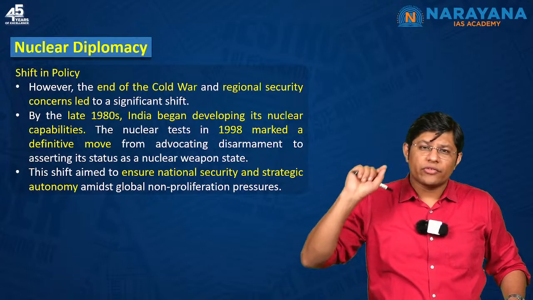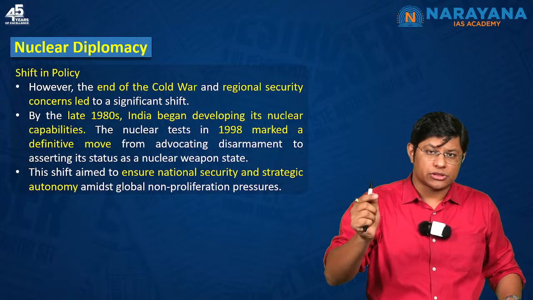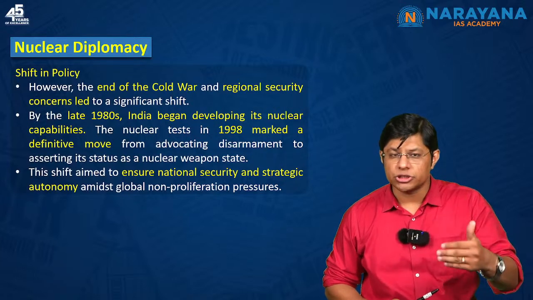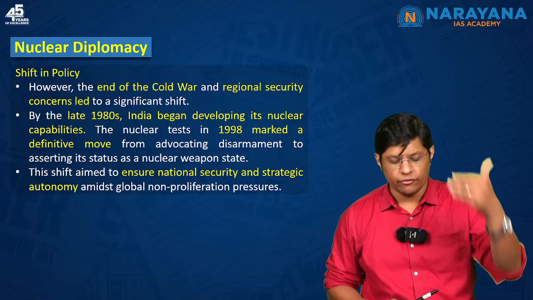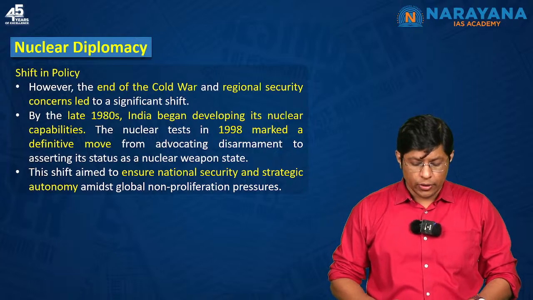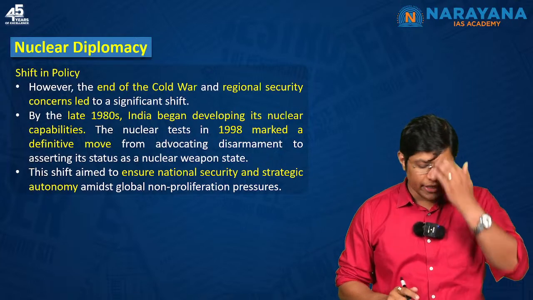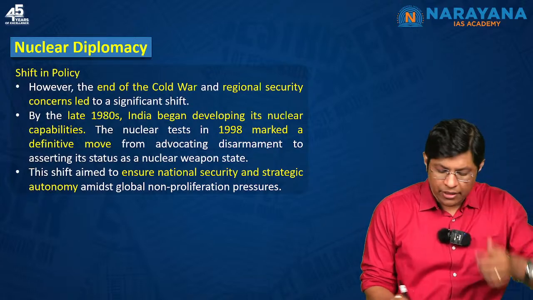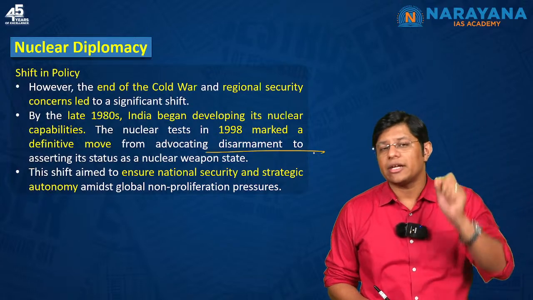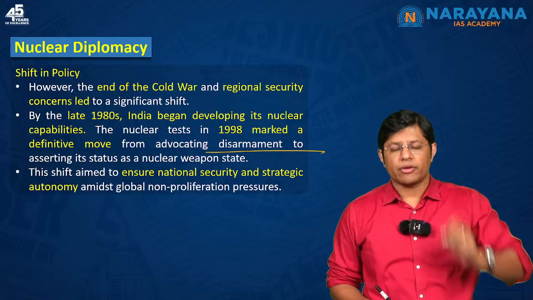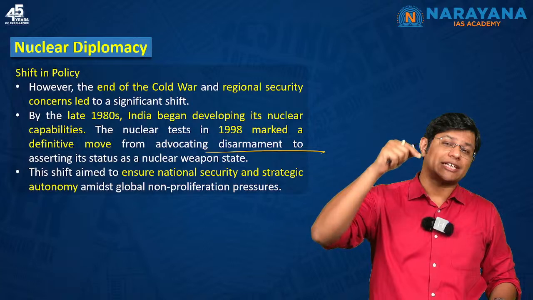Now, because of security issues, because of national security issues, India was pushed to make nuclear weapons. So India began making nuclear weapons, and in the year 1998, India for the very first time tested and detonated nuclear weapons. By detonating nuclear weapons, India ensured her national security.